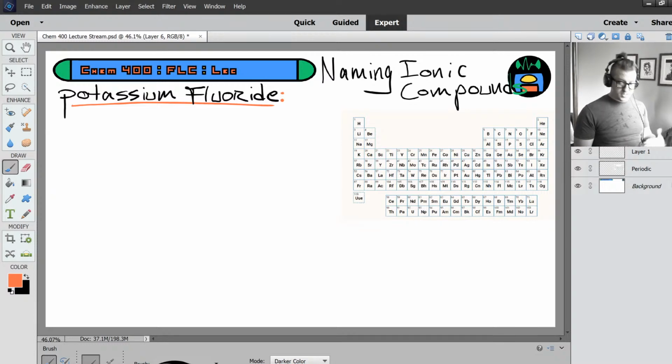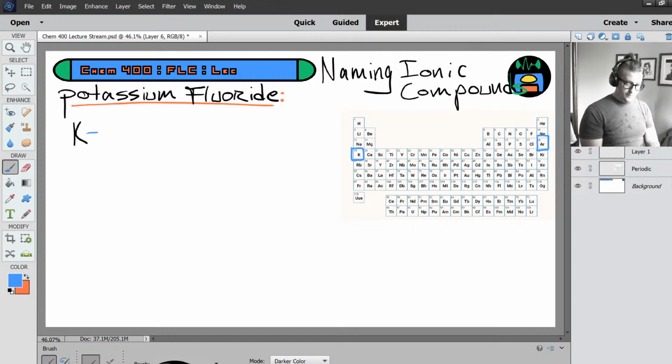So first things first, we need to find potassium on the periodic table. All right, and potassium is right here. It's number 19. Its nearest noble gas is 18, argon.